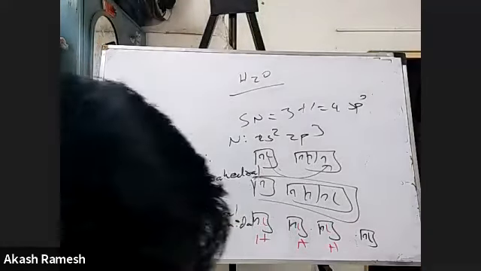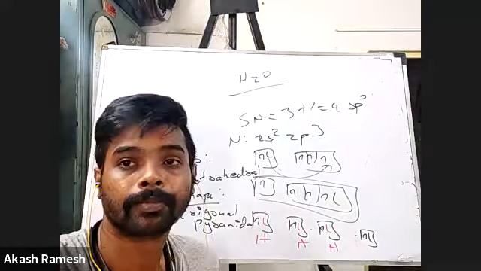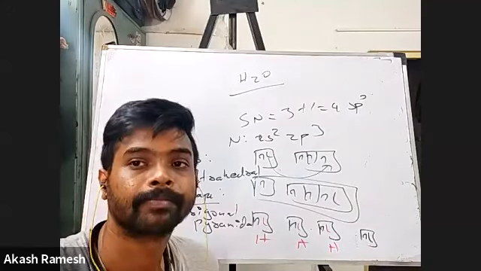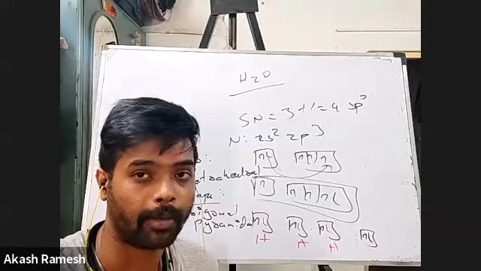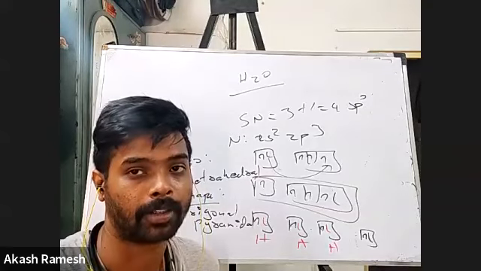How many lone pairs on oxygen, people? 2 lone pairs. Exactly. Oxygen has 6 valence electrons. Out of that, 2 are involved in bonding, so 4 electrons are left, which means 2 lone pairs. So 2 bonding atoms, 2 lone pairs, sp3 hybridization.